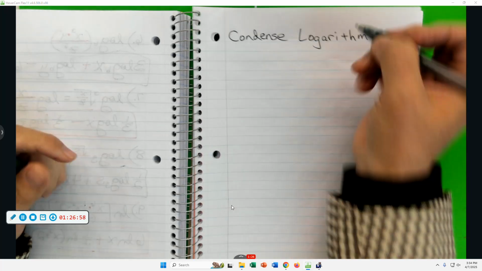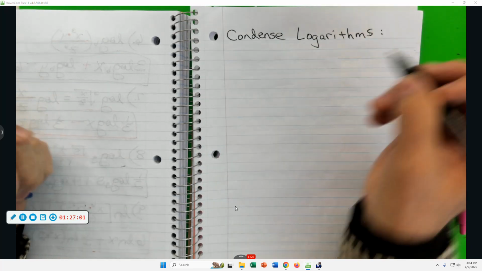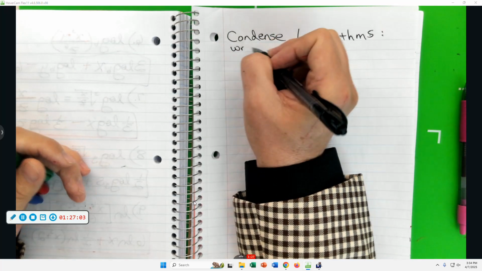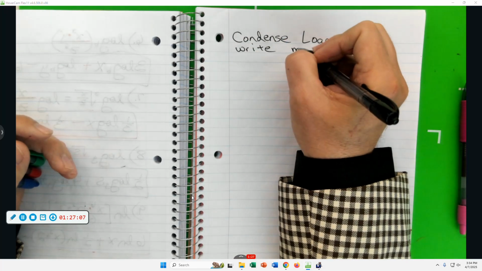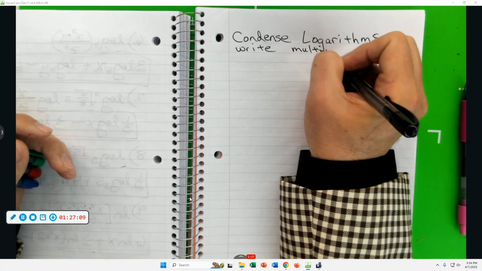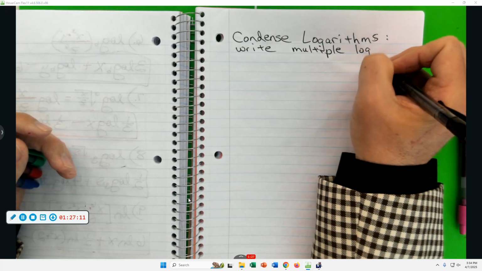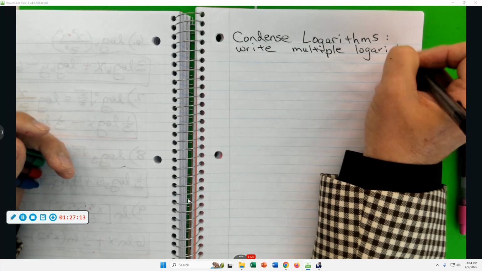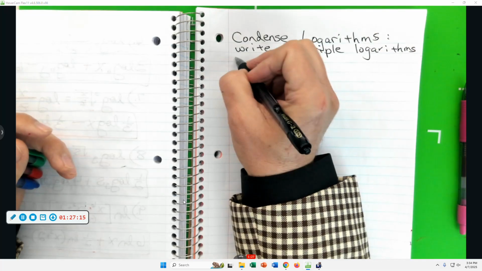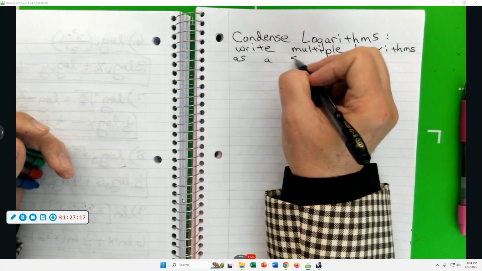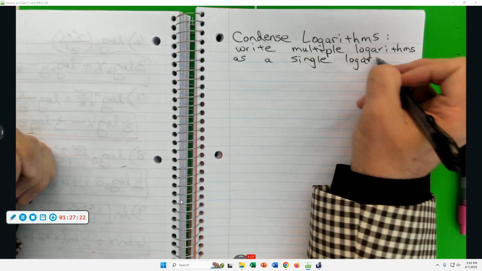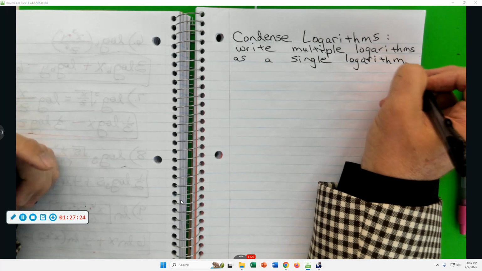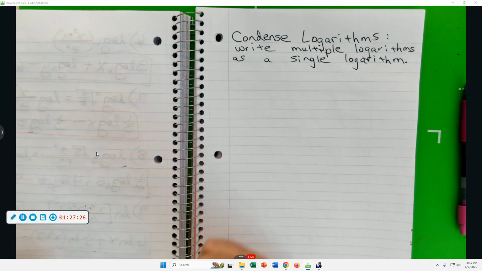If you're condensing logarithms, you're going to take multiple logarithms. I guess I could have said write several logarithms as a single logarithm. And instead of doing number 10 first, do this one.